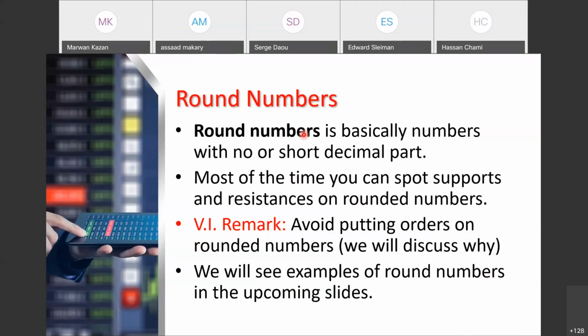So if you put your order on a round number which has many orders there, it's very hard for you to get filled, and you might not get filled. So always put it somewhere below or above. I'm going to talk about this when the examples come. But never ever put an order on round numbers. In trading firms, if an employee puts a limit order on a round number, he's directly fired.